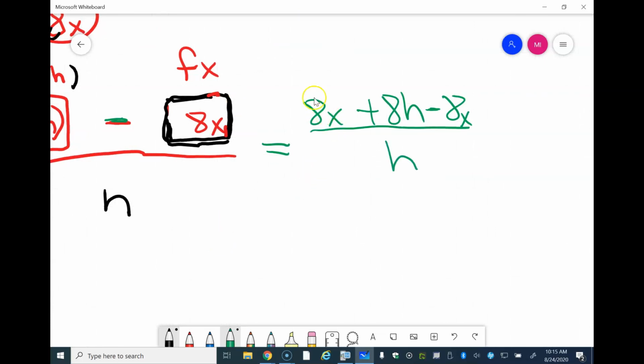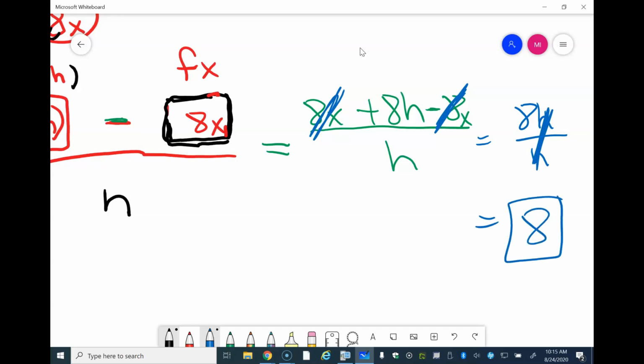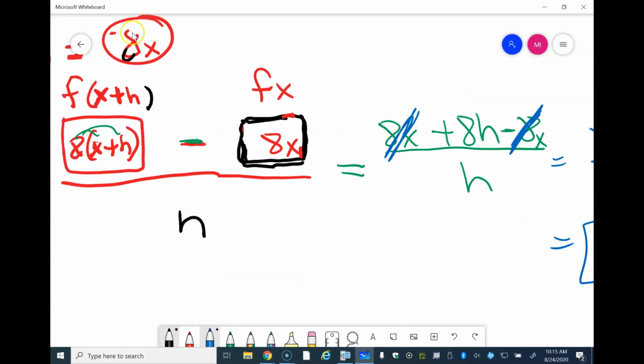Notice, for combining like terms, the only things that are alike are this 8x and this minus 8x over here. So guess what happens to those? They cancel out. What we are left with is just 8h over h. And because I have an h on top and bottom, those cancel out. So the answer for the difference quotient is just going to be 8 for this problem of 8x.